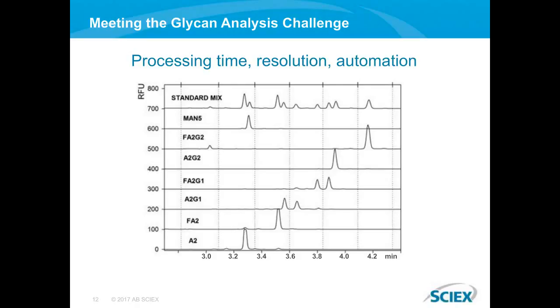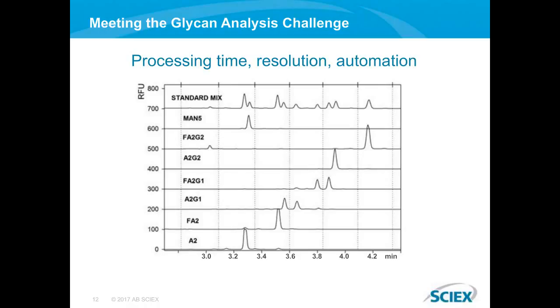This shows the separation of the fucosylated and afucosylated major IgG glycans with the presence of a high mannose structure molecule, the mannose 5. As one can see, within 4.2 minutes, all of these structures can be very well separated.